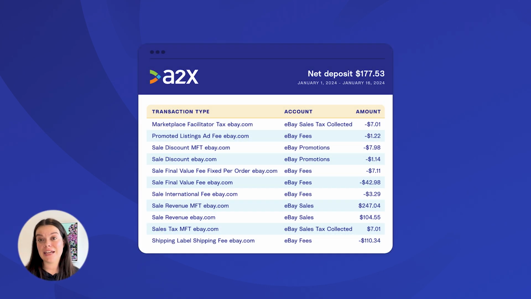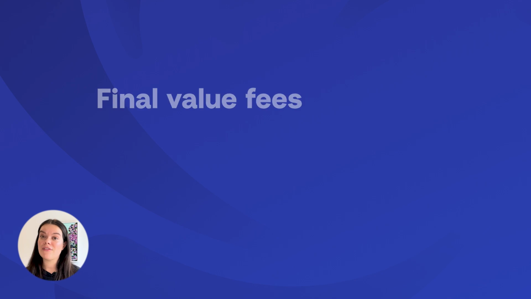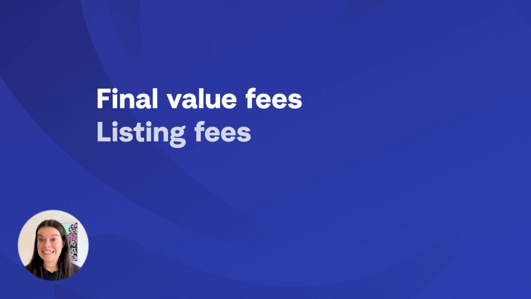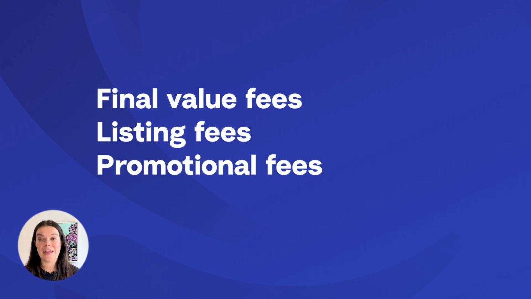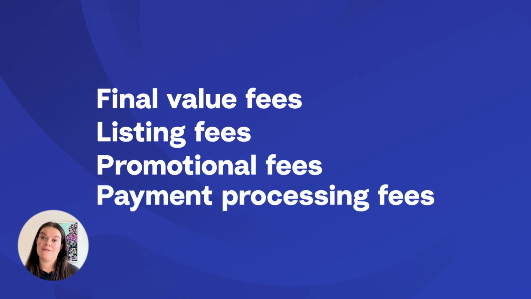FAQ number 2. How do I record eBay fees? eBay charges various fees, including final value fees, listing fees, promotional fees, and payment processing fees. These expenses add up quickly and impact your margins. If you don't categorize them properly, you can risk underestimating your expenses and overstating your profits. Each type of fee should be categorized appropriately in your accounting software under its relevant expense category.